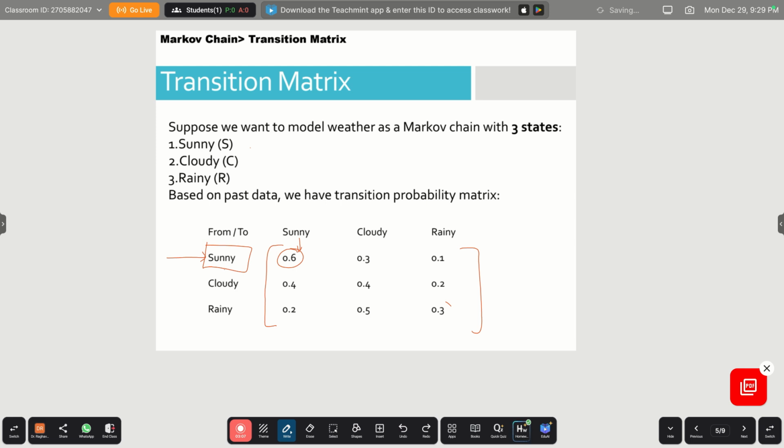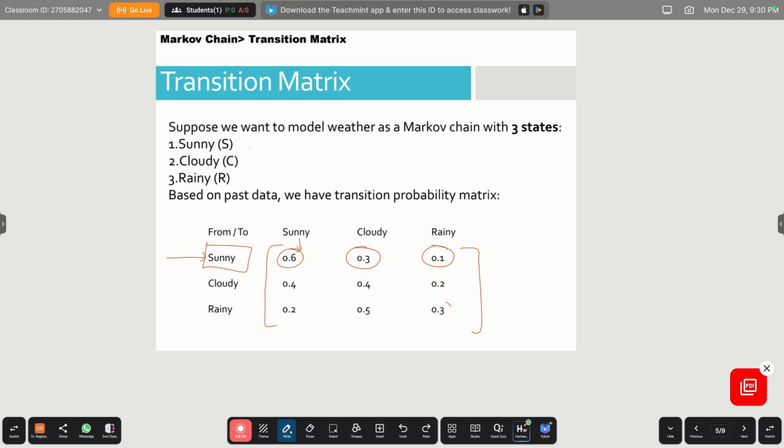Today suppose it is a sunny day, the probability that tomorrow it's going to be a cloudy day is 0.3. And today suppose it is a sunny day, the probability that tomorrow it's going to be a rainy day is 0.1. This is for the first state to any other state.